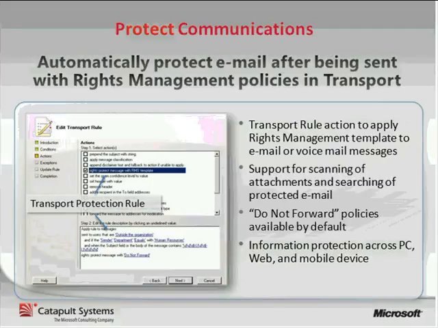So we can automatically protect emails after being sent with rights management policies inside the transport, and we would put our minimum level of protection on there, but we can be very, very specific. We can say who it's going to, we can say with certain contents, or we can actually look for a mask, say a social security number, and protect the information with that.